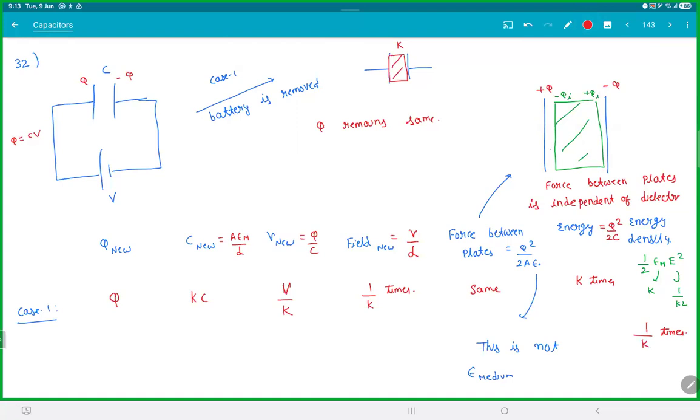Are you clear with this? In the energy density formula, half epsilon E square, that epsilon is the epsilon medium. So that becomes K times and E square becomes 1 by K square times. So energy becomes K times, energy density becomes 1 by K times, force remains same. I scribbled it a bit.